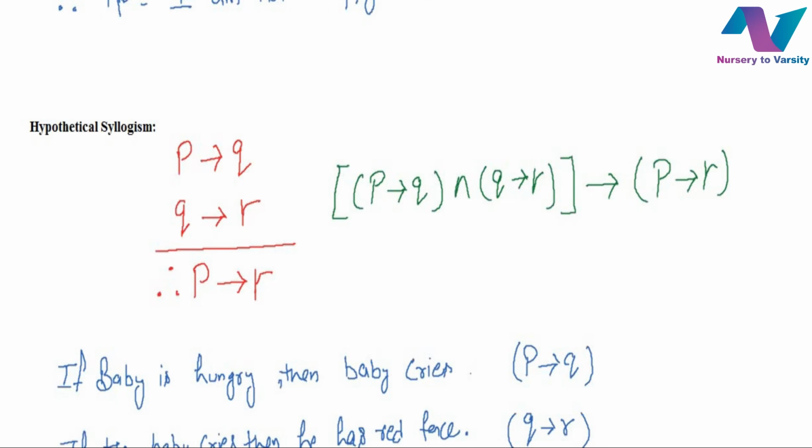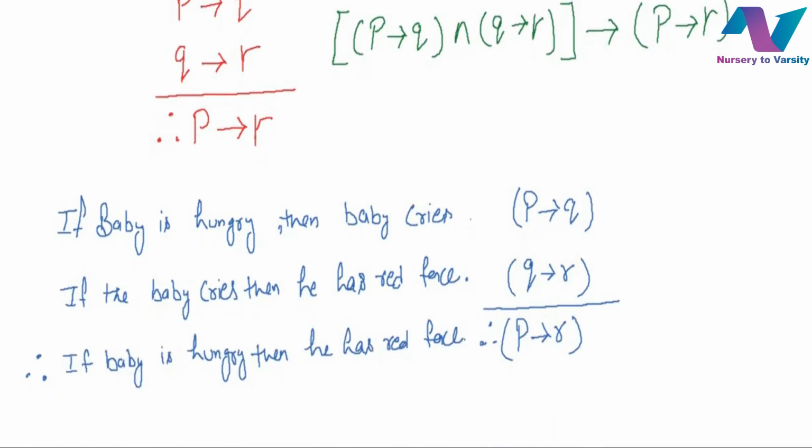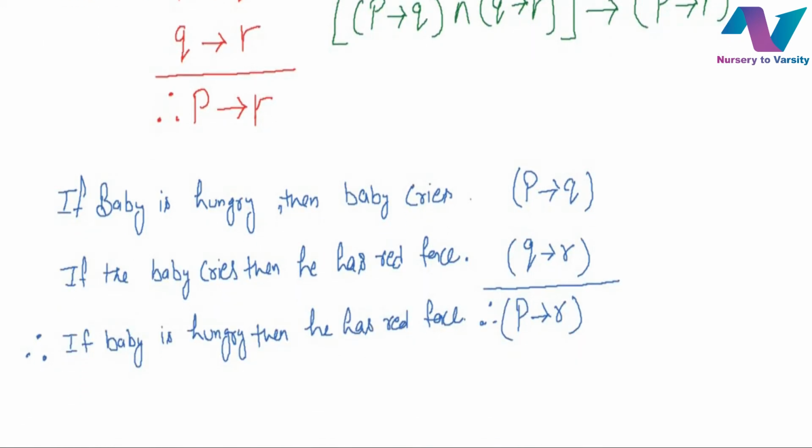Now we are moving toward the hypothetical syllogism. In hypothetical syllogism, if P implies Q and Q implies R, then we conclude that P implies R is true. For understanding this, consider this example. If the baby is hungry, then the baby cries.